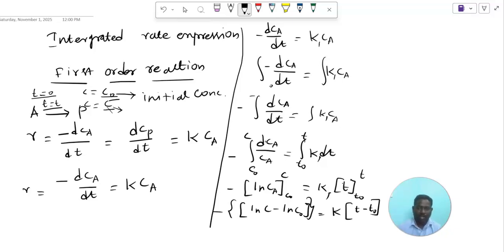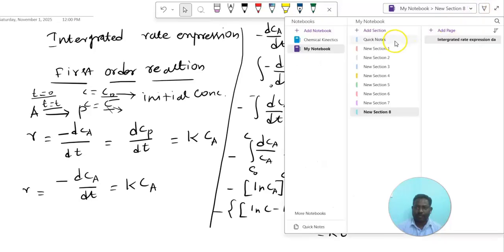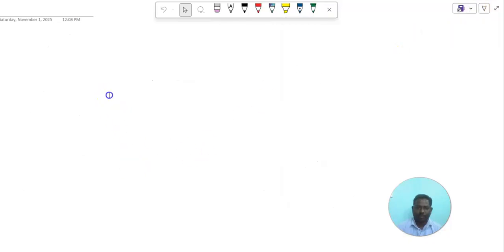At t0 it is 0. Therefore you can keep kt. So finally we have the equation: minus, bracket, ln C minus ln C naught, equal to k into t.